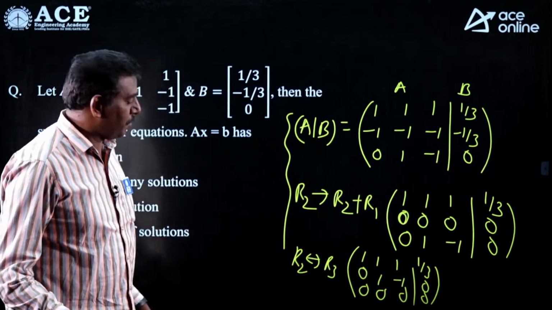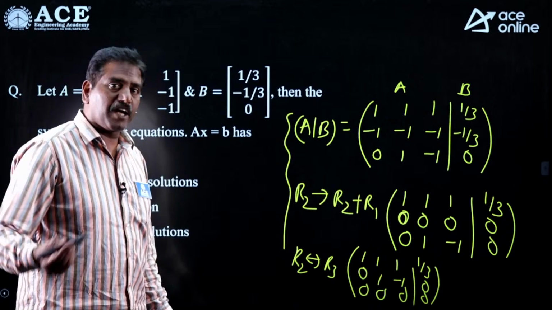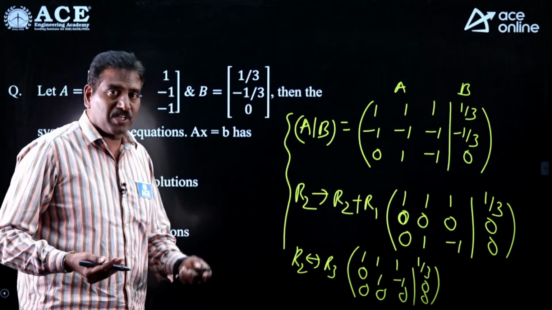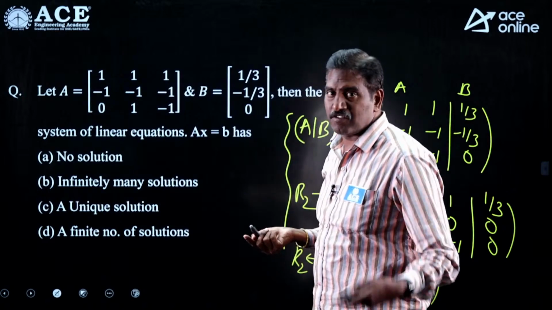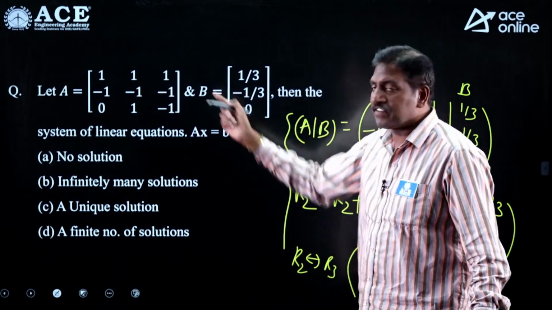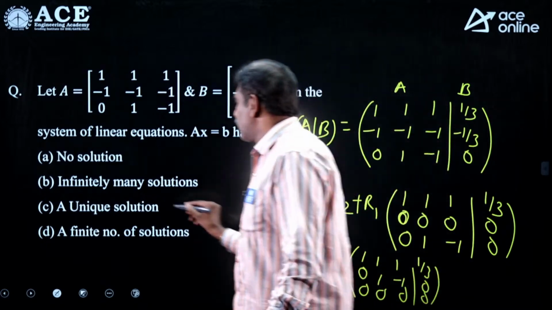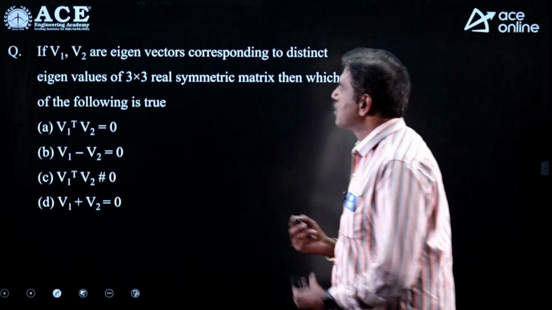See here, the third row is a completely 0 row. So both are equal, and that is less than the number of unknowns. Number of unknowns means number of columns of A, that is 3. So the system has infinitely many solutions. Option B is correct.